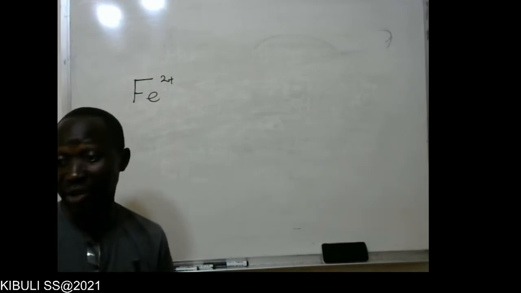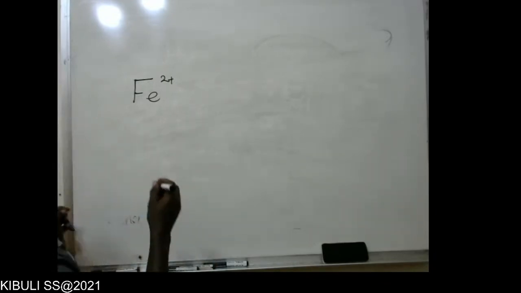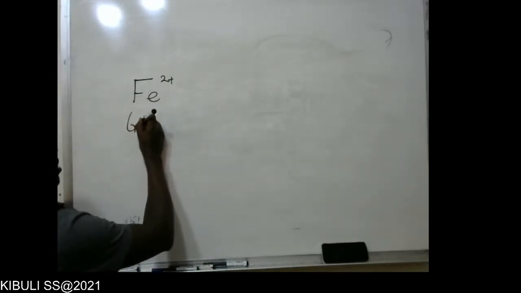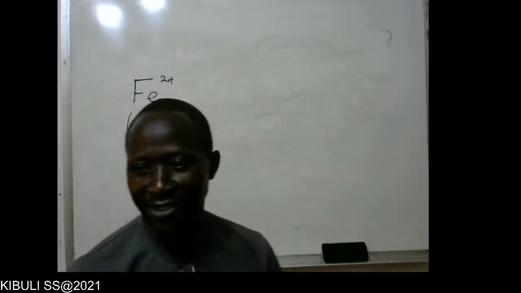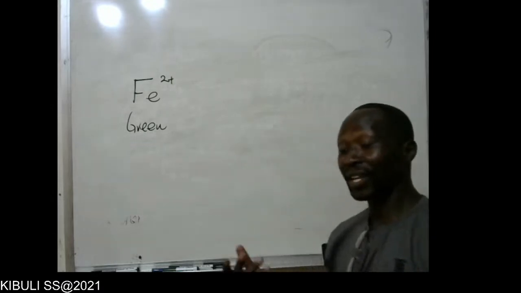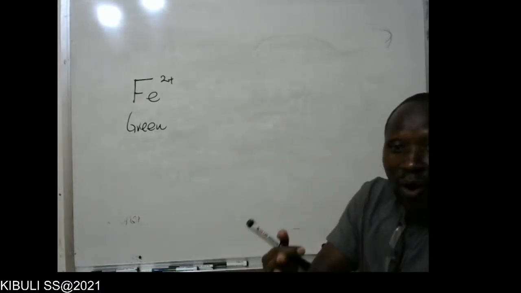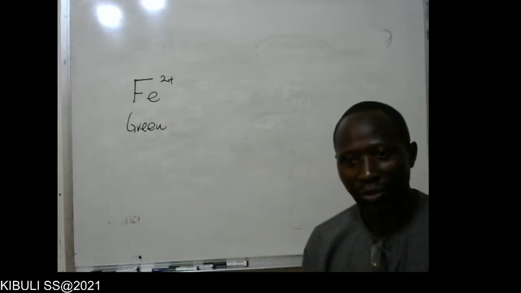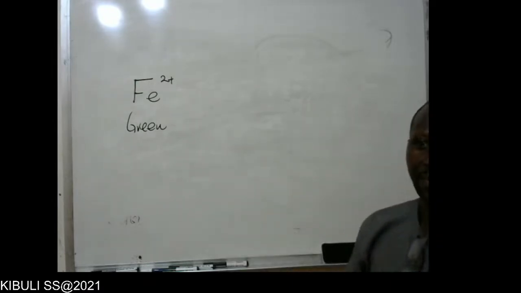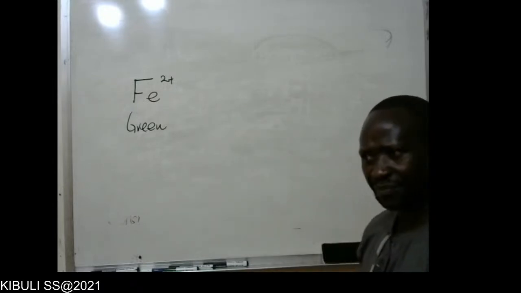We are supposed to be interacting. The color of iron 2 compounds is green. I know you have forgotten qualitative analysis, and we classified the compounds: those that are white, those that are green, those that are blue, those that are brown.